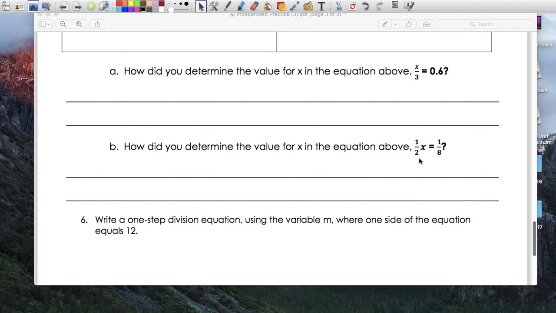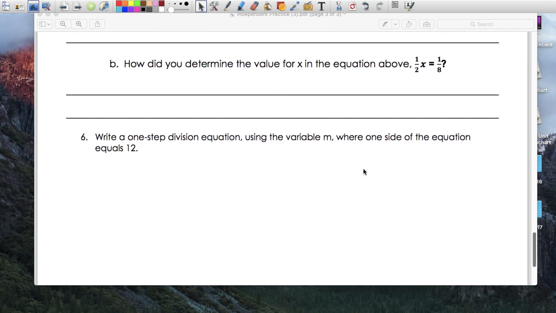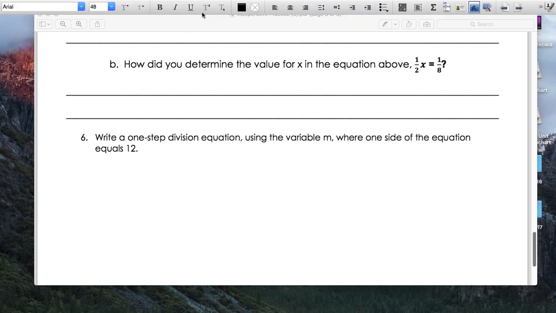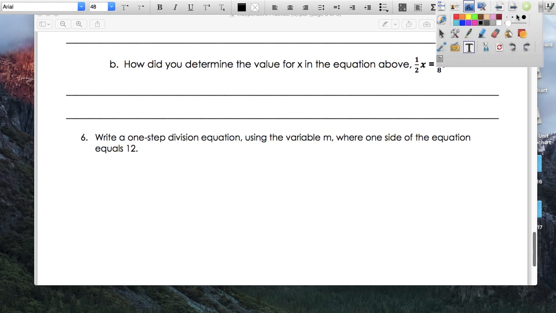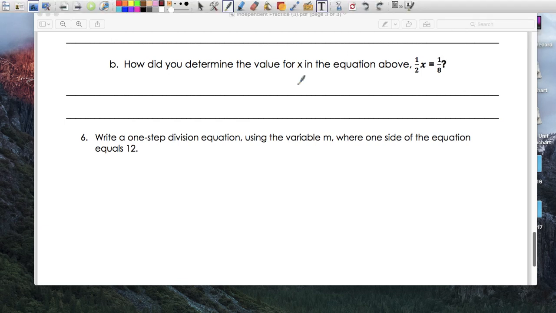And same thing here. Write a one-step division equation using a variable m where one side of the equation equals 12. So you want a division equation using the variable m, where one side of the equation equals 12. Let's keep this simple.